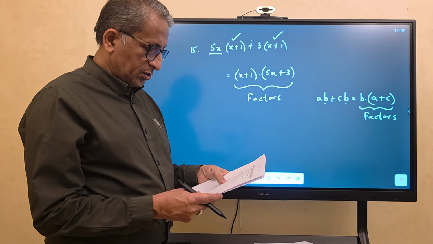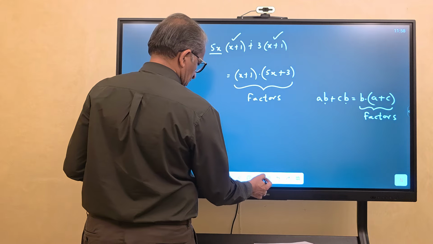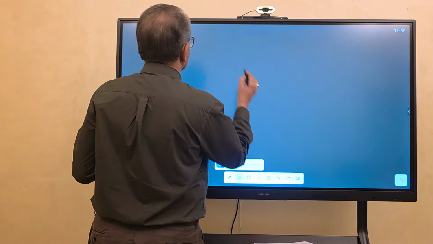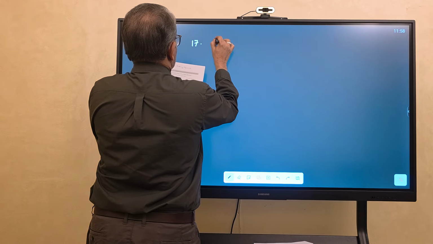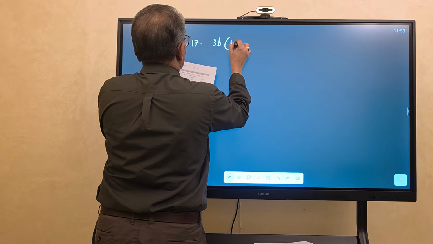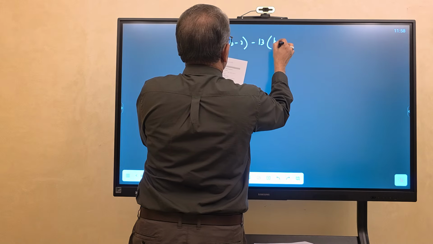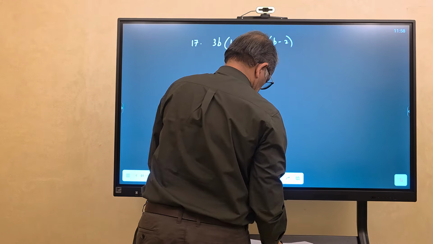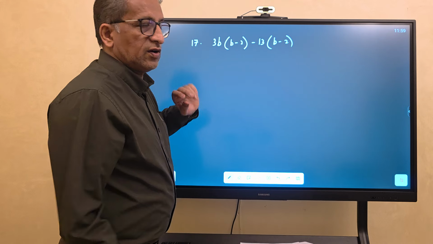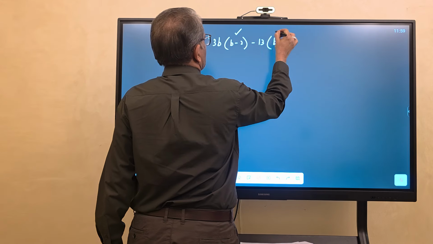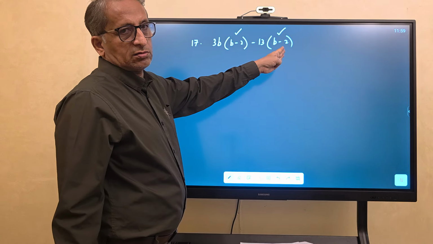Now let me do 17: b minus 2 minus 13 b minus 2. Please remember, you can do this only when you have the same term in both the terms, that is b minus 2, b minus 2.